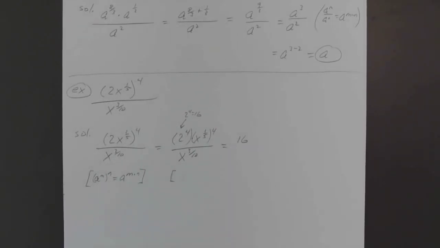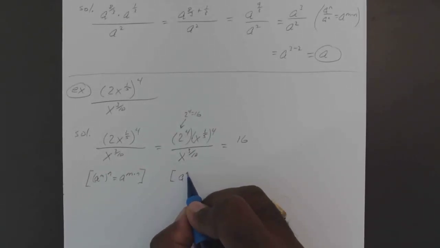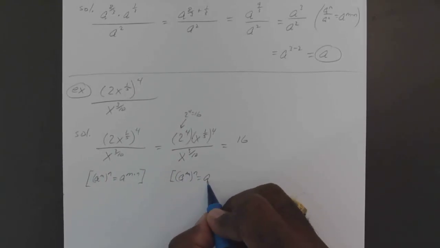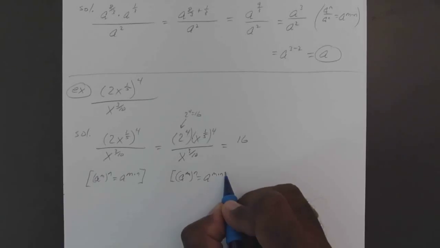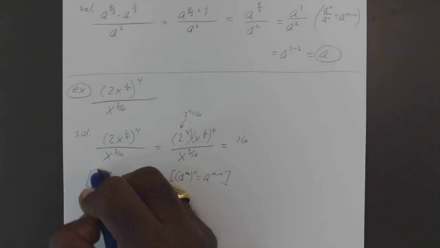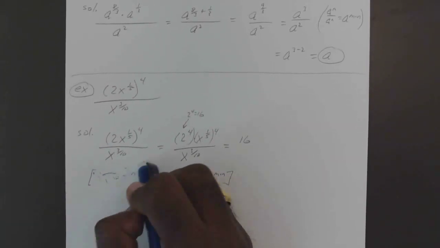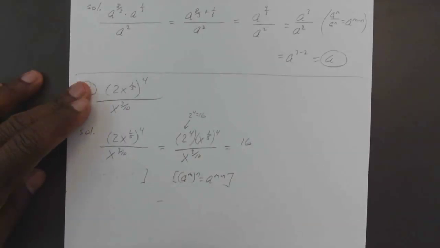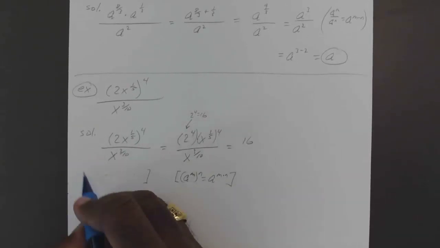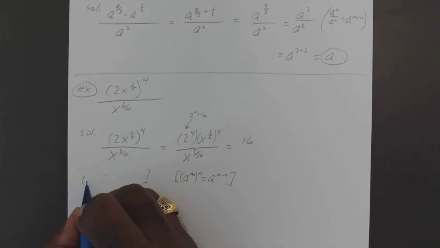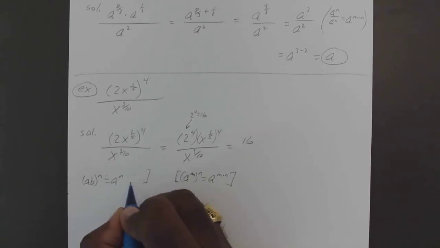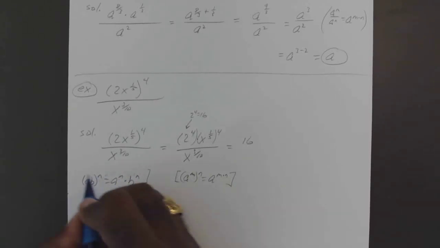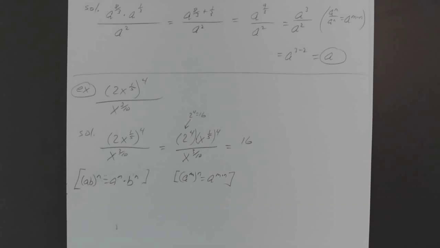That should have been the power of a product rule. And this one actually should have been the power of a product rule, which is a times b to the n equals a to the n times b to the n. Sorry about that.